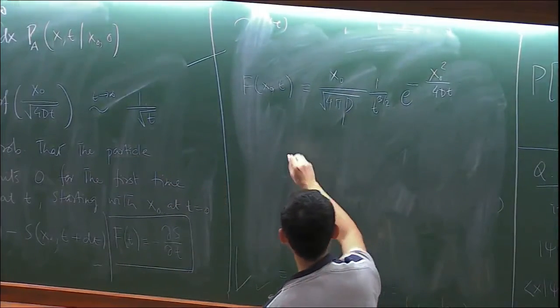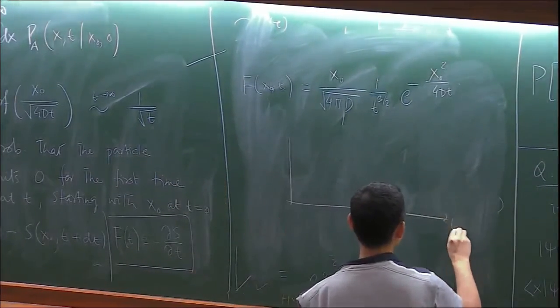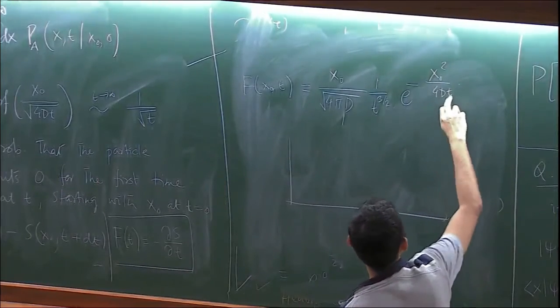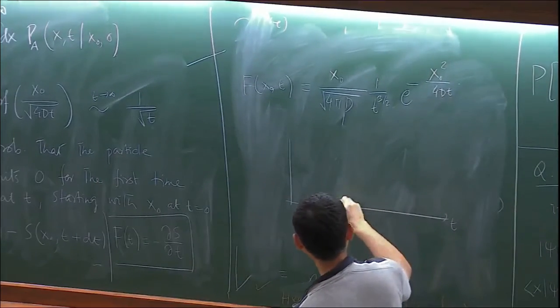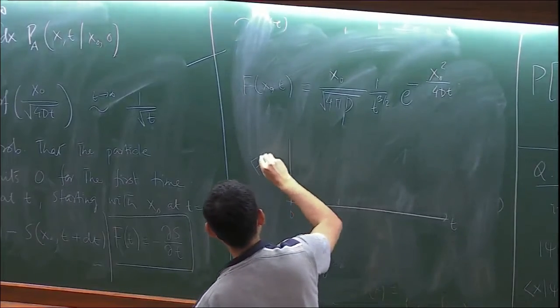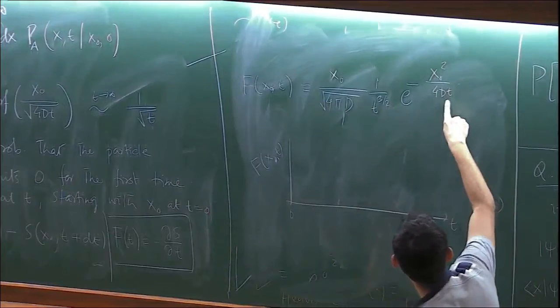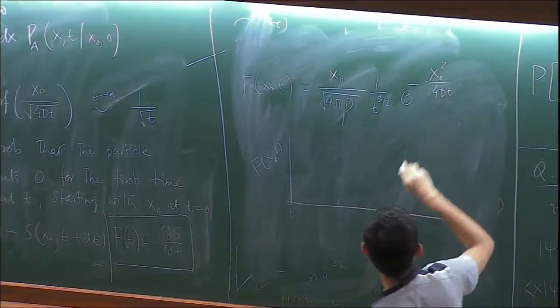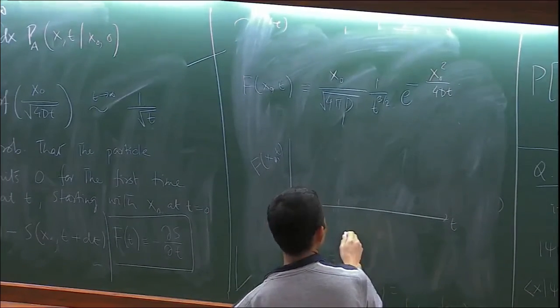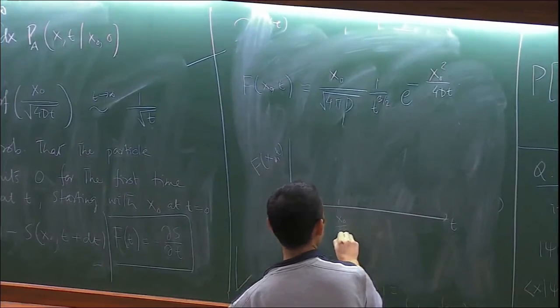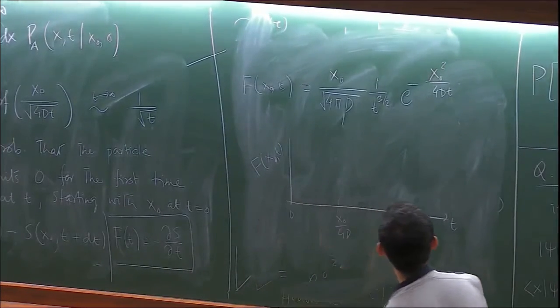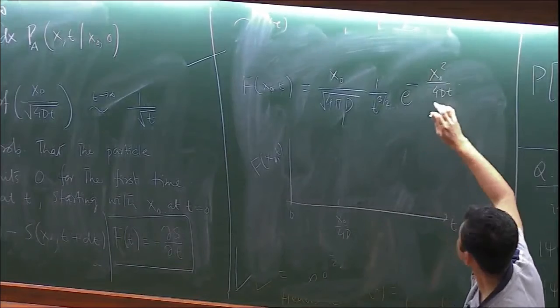So how does this function look as a function of t? There is a characteristic time, which is basically x0 square by 4D, till that time. So you know this function, right?